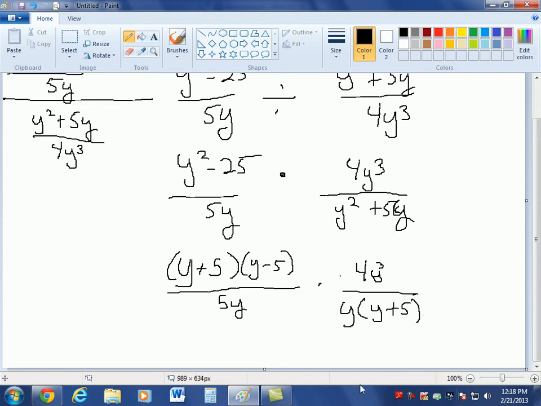Okay, so what should we do next? The y plus 5s can go away. We know they're going to end up ultimately on the top and bottom, numerator and denominator, of the same fraction. So they can go. What else can go?